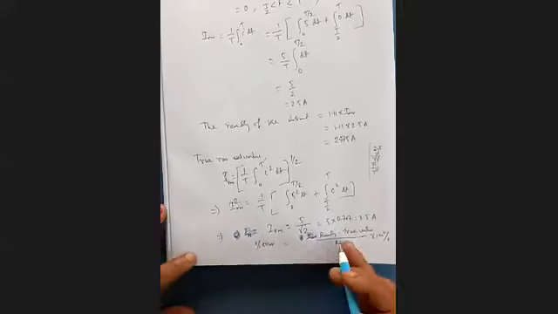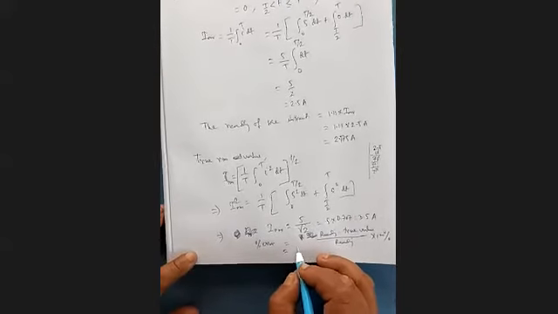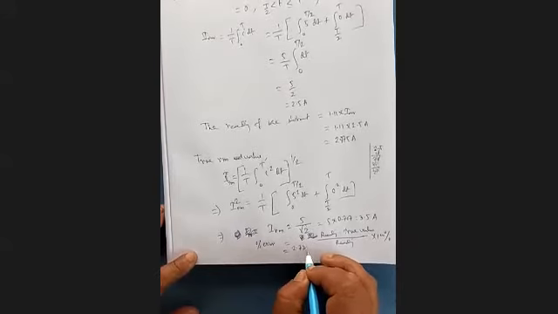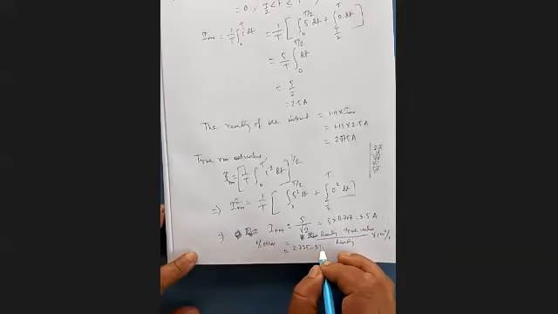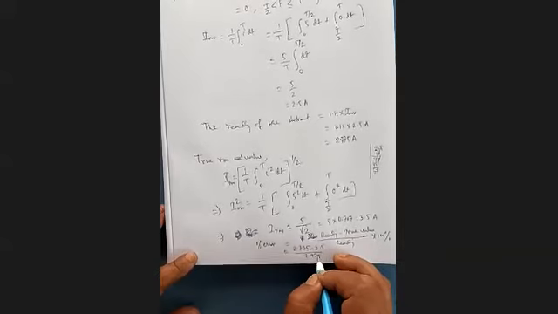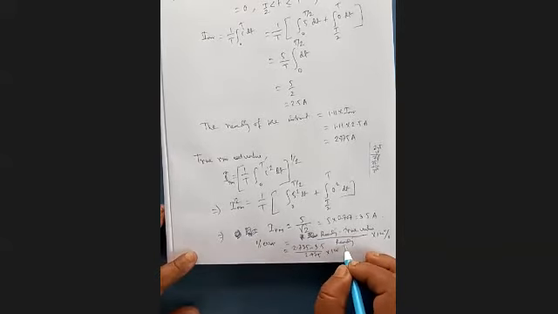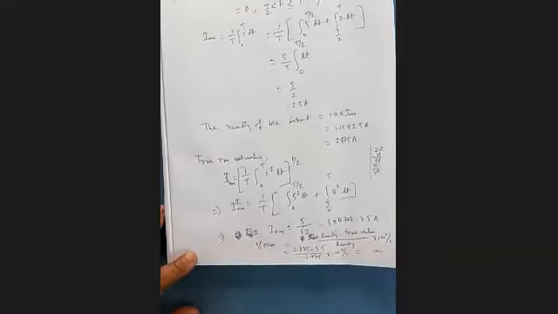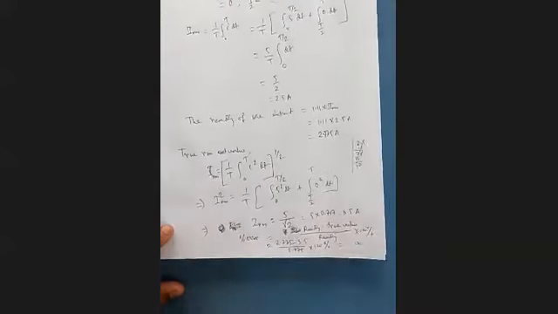So what is that? It is equal to (2.775 - 3.5) / 2.775 × 100 percent. So we are getting some value. You calculate it, I don't know what the result is. So that is the error.